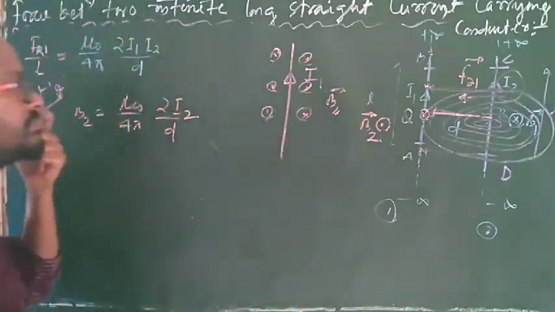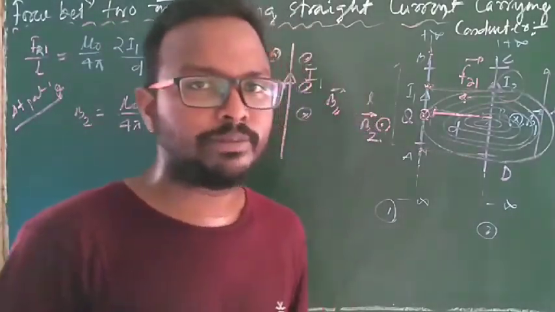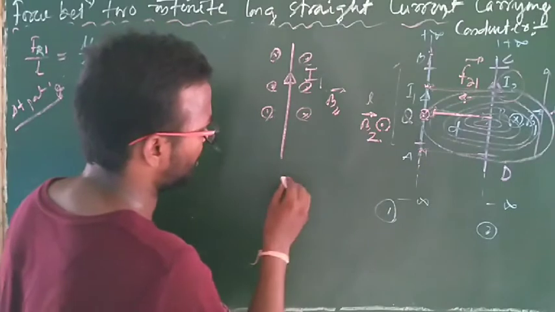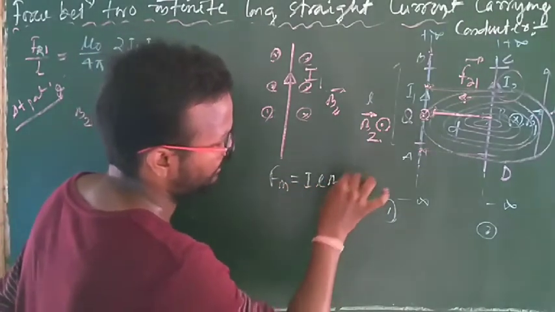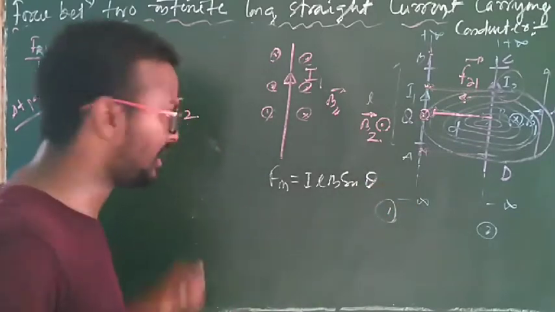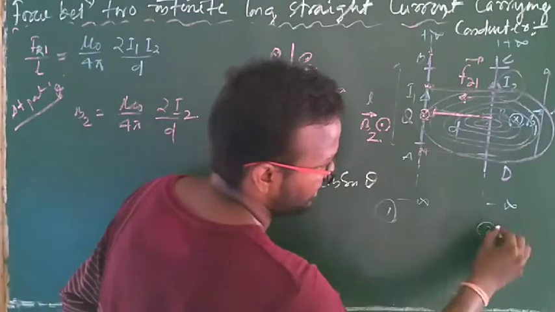Clear? Previously we discussed that if we place a conductor inside a uniform magnetic field, the force experienced by the conductor is equal to ILB sin theta. Now here, this is the first conductor and this is the second conductor.